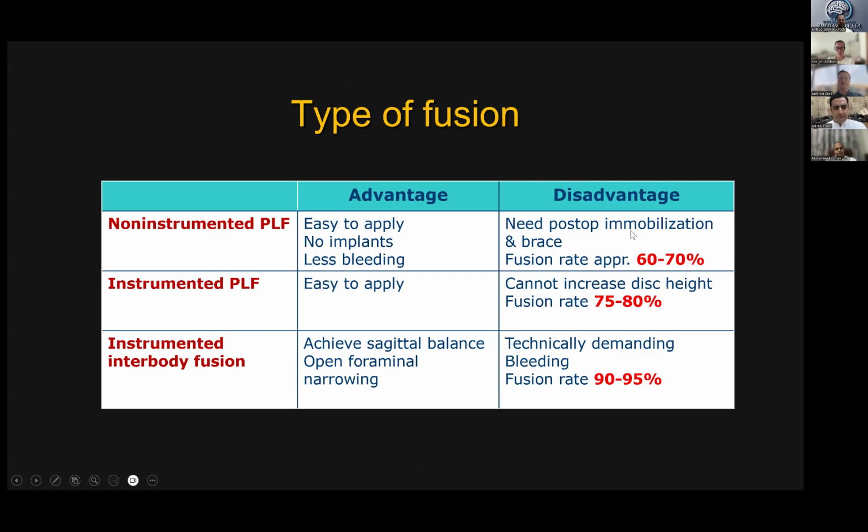However, disadvantages are that the fusion rate is somewhat less with non-instrumented fusion, 75 to 80% in posterolateral fusion. However, it is 90-95% in instrumented interbody fusion. Even some cases with instrumented interbody fusion may have non-union.